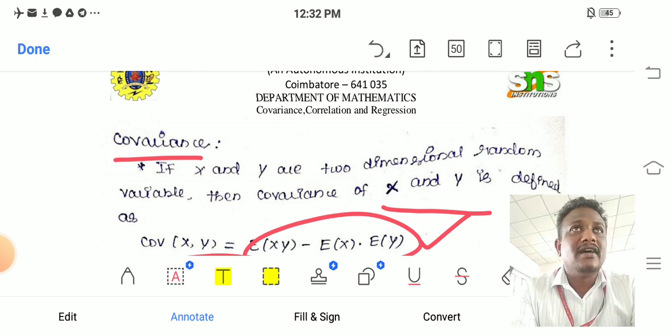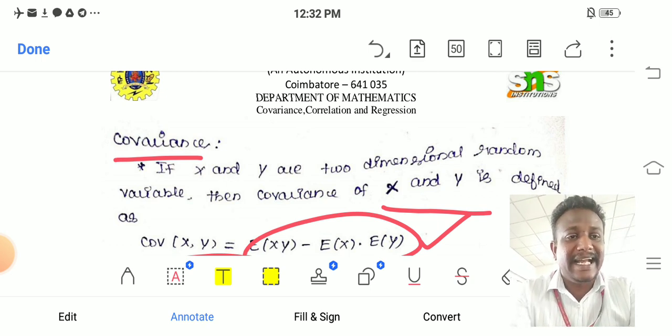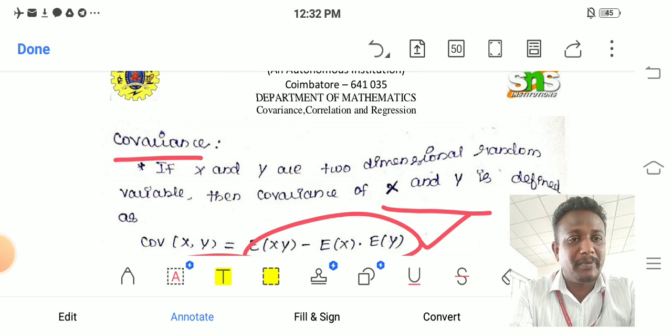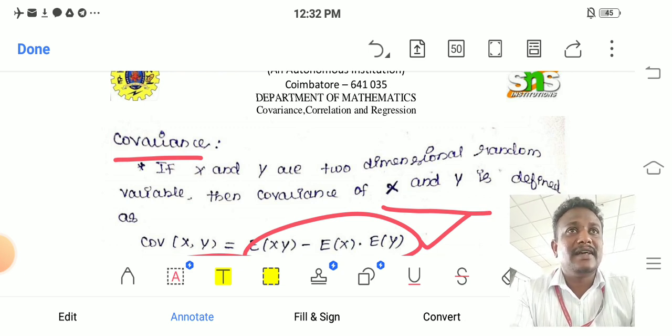It would be head head, head tail, tail head, tail tail. This is going to be the sample space. Here, if you collect at least one head, it would be head tail, then tail head, so there are three chances.